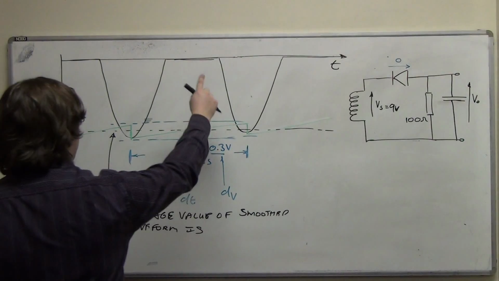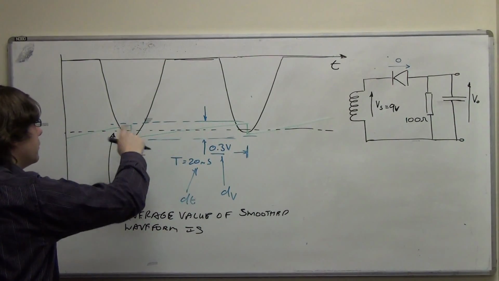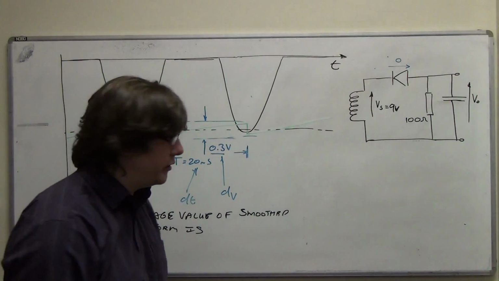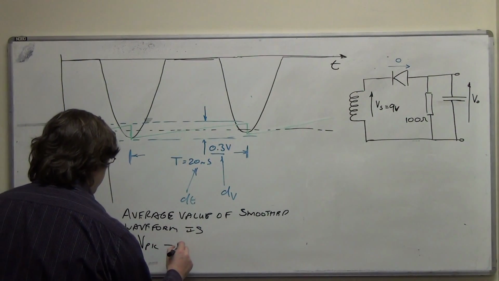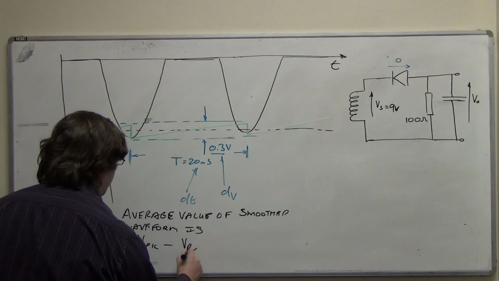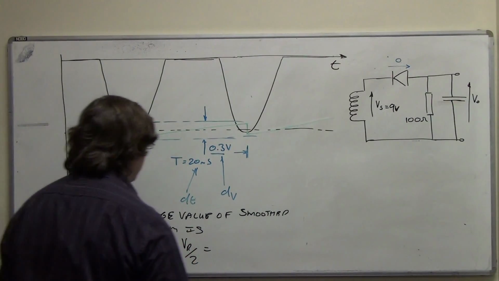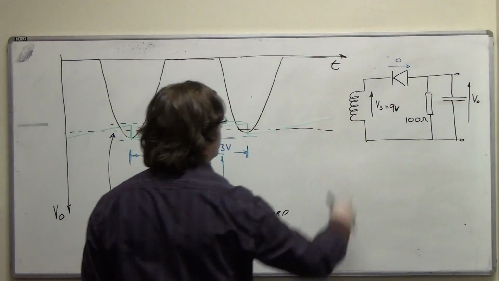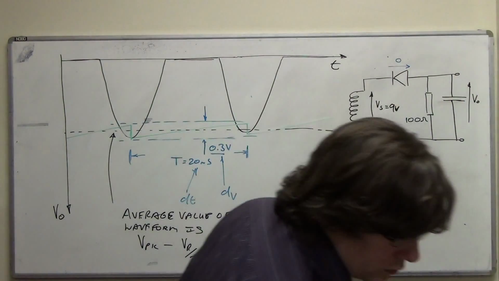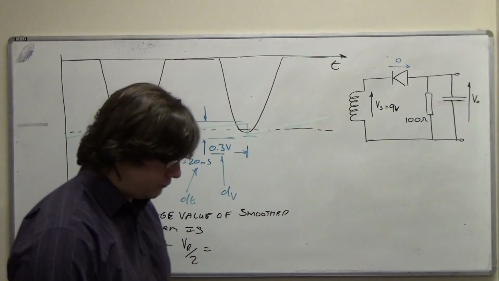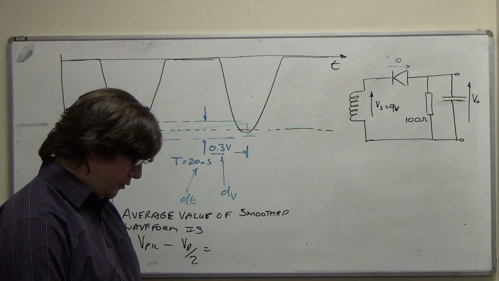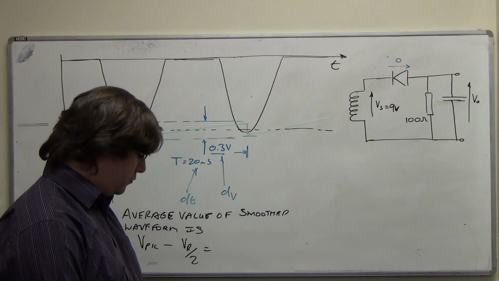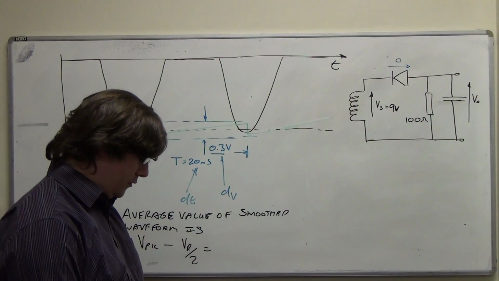and then we've got the peak value minus half of 0.3, so we'll say it's VPK minus VR upon 2, which is, it's 9 root 2 to get the peak, 12.72, minus half of 0.3, 0.15.